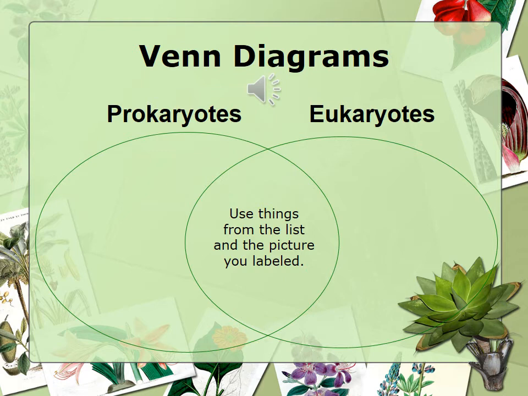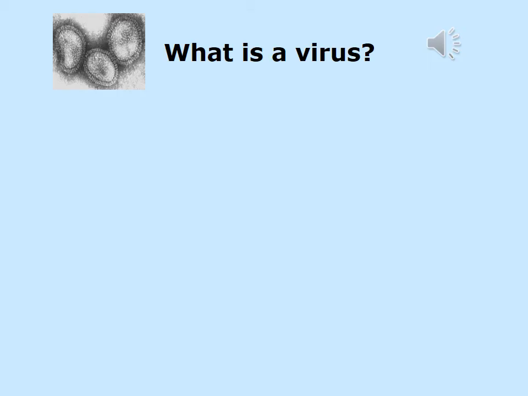That's where you write in what they have in common. There should be at least 4 things that I'm looking for that you get from the stuff that I pointed out before, and then fill out the sides and make sure you do this. And there's a really good question that you can add to your interactive question sections in your Cornell notes about the difference between prokaryotes and eukaryotes.